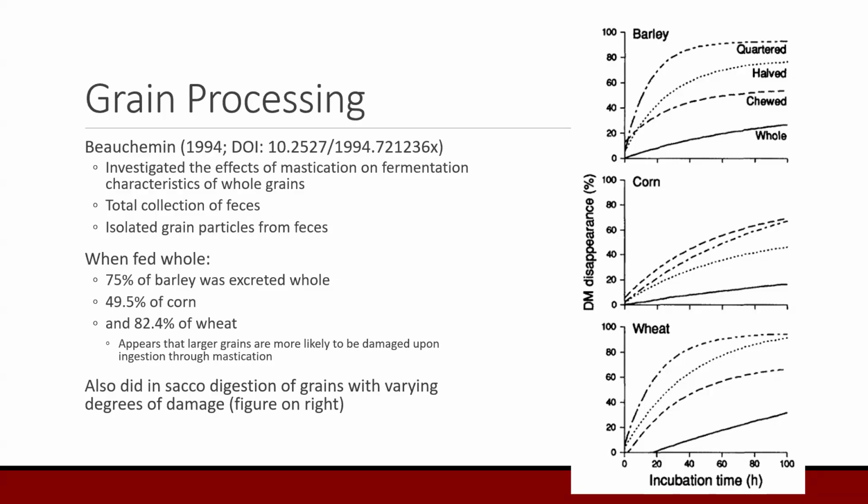Again, that makes sense. It's a larger grain compared to barley and wheat. And 82.4% of wheat was excreted whole. So larger grains are more likely to be damaged through mastication if they're fed whole than smaller grains.